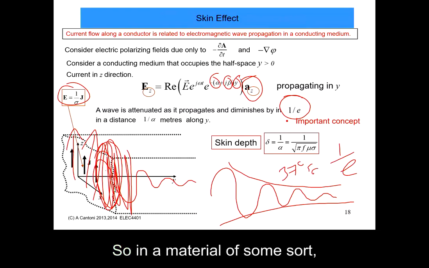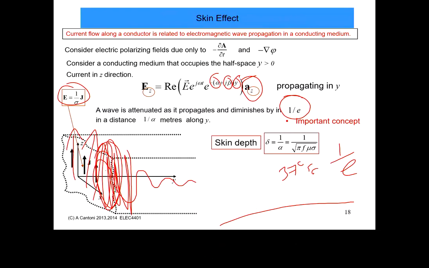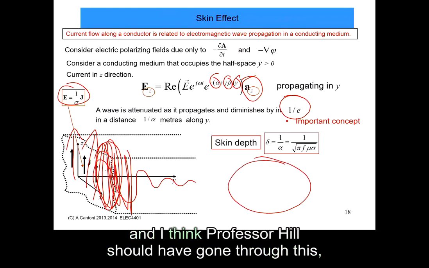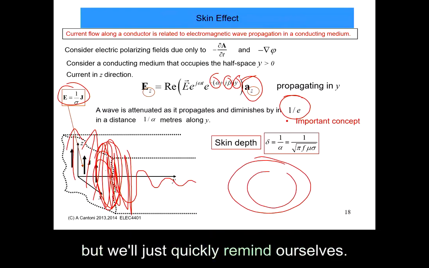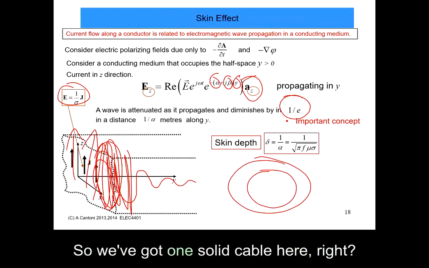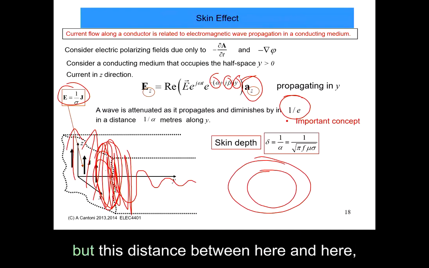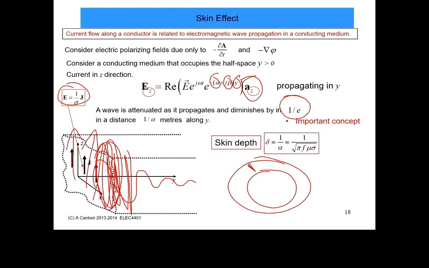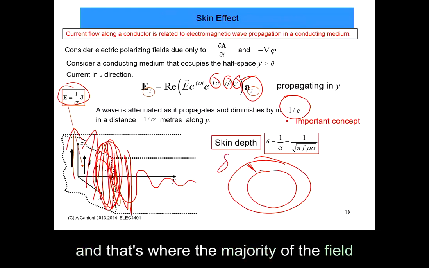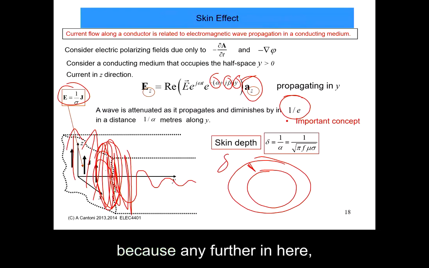So in a material of some sort, did I have a drawing for this? No. Let's say we've got some conductor, and I think Professor Hill should have gone through this, but we'll just quickly remind ourselves. So we've got one solid cable here, right? But this distance between here and here, we call that the skin depth, and that's where the majority of the field and the current is going to exist. Because any further in here, it drops off more and more, right?